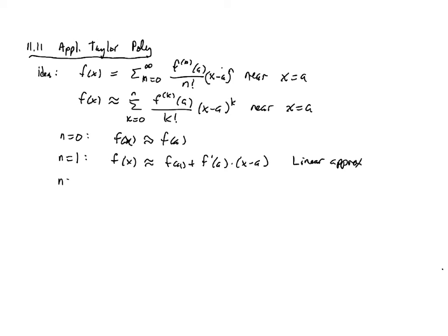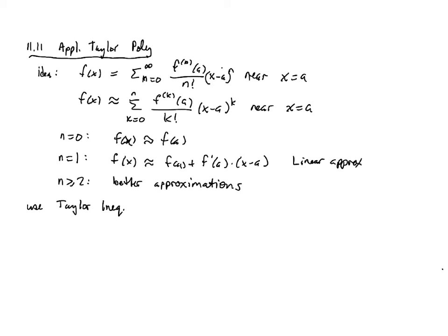And when we take n greater than or equal to 2, we get better approximations. Okay. And we're going to use Taylor's inequality to see how good these approximations are.